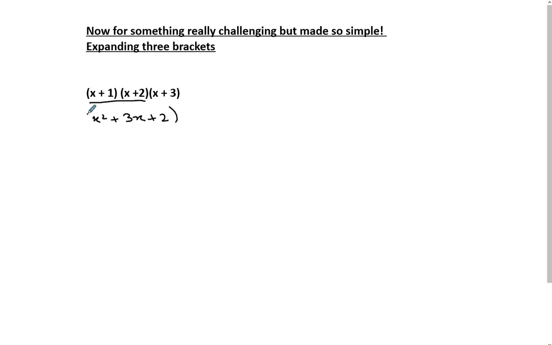So then I will multiply that by the x plus 3. But I'm going to write it the other way around, so I'm going to go x times x squared plus 3x plus 2 plus 3 times x squared plus 3x plus 2.